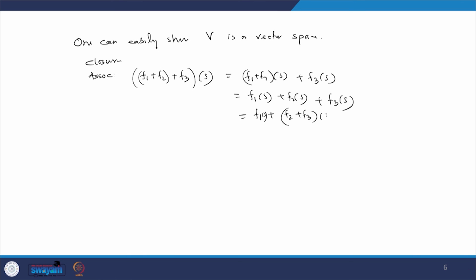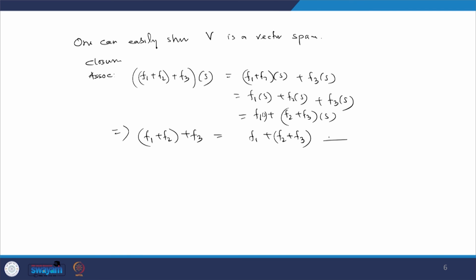This implies f1 plus f2 plus f3 equals f1 plus f2 plus f3. So, associative property also holds good.